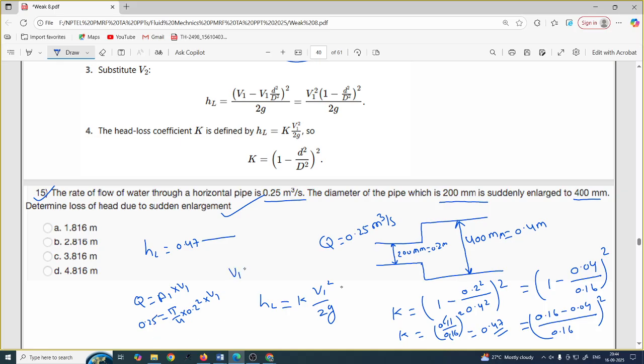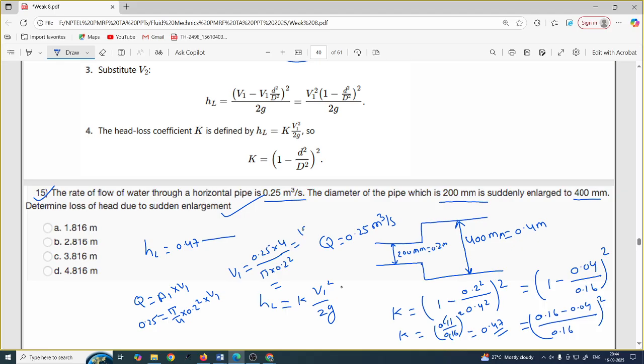So v1 is 0.25 into 4 divided by pi into 0.2 square. So v1 will be, let me just calculate. Okay, here you can write very clearly.